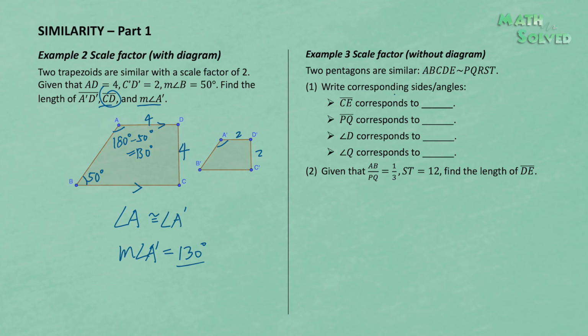Here we are given two similar pentagons. If you see this expression, all the corresponding vertices are in the same order. So we can write the corresponding sides and angles for part 1.